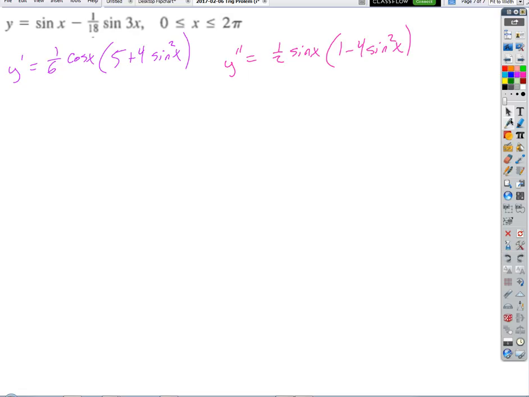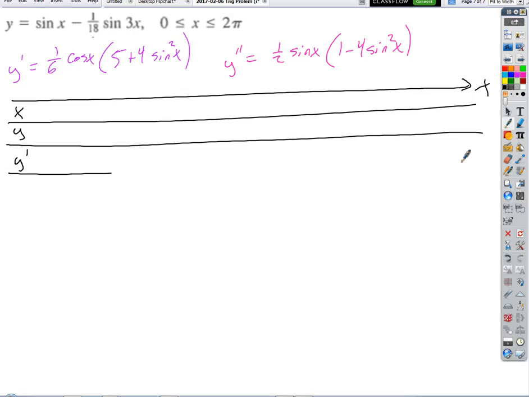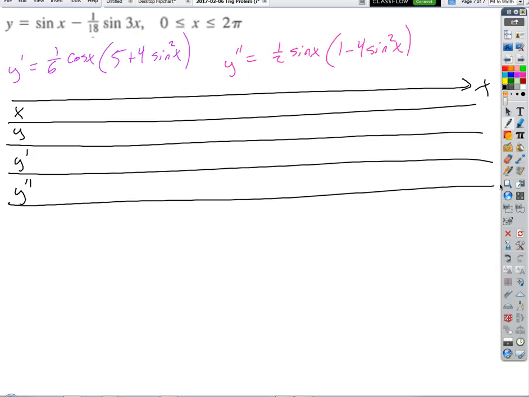All right, so let's make our table. I put the 0 and 2 pi. So critical numbers. What did we get? Critical numbers, what were they again?